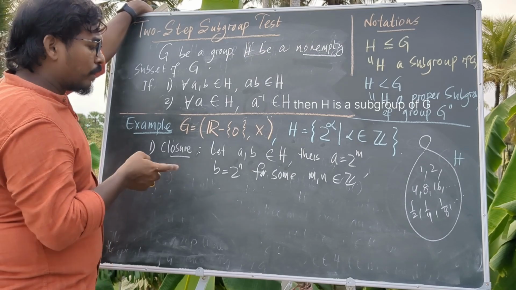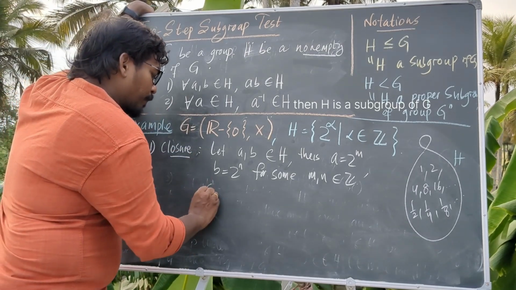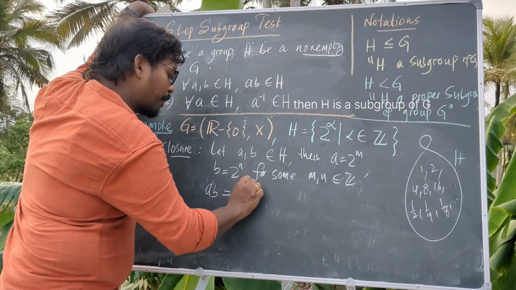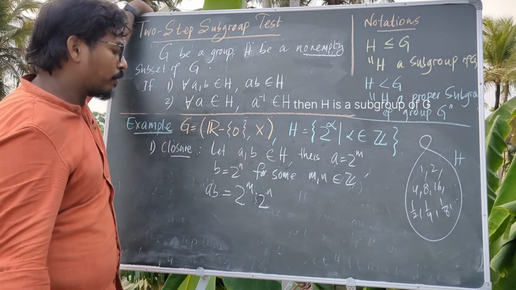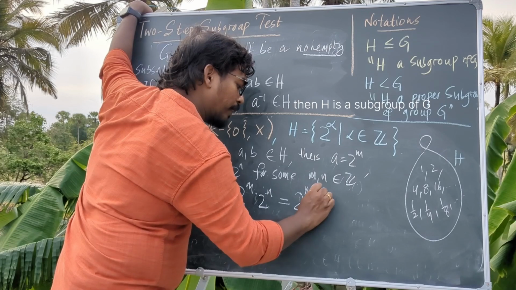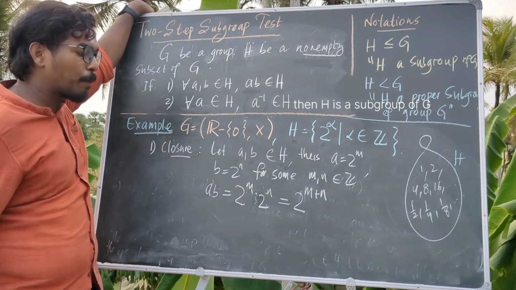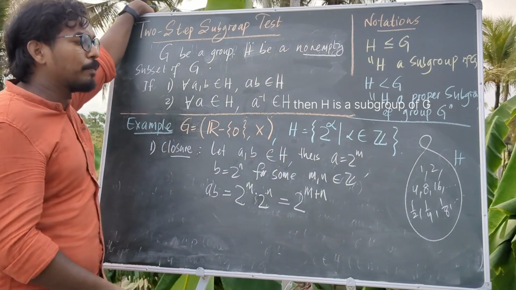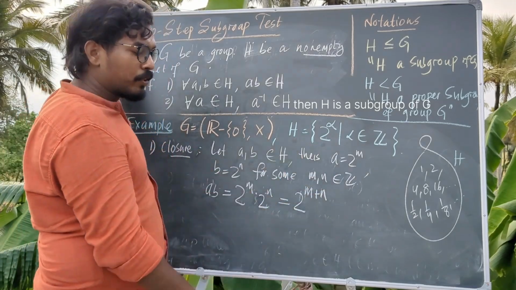And now we will show their product also belongs to the subset H. The product AB equals 2 to the power m times 2 to the power n, which is the same as 2 to the power m plus n. We have to show AB also belongs to the subset H. For something to be in the subset H, it must be some power of 2, and that power must be an integer.